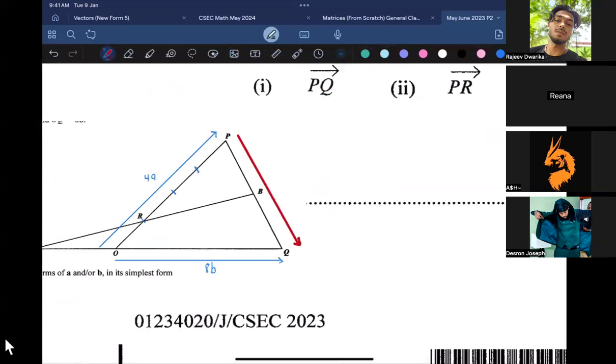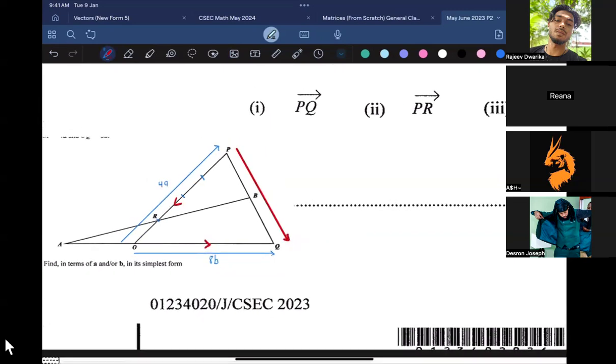So to go from P to Q, I'll go from P to O and then O to Q. Does that make sense, right? So I'm going to write that down. PQ is equal to PO plus OQ. Now if OP is 4a and they're going in the opposite direction, what will make the 4a?